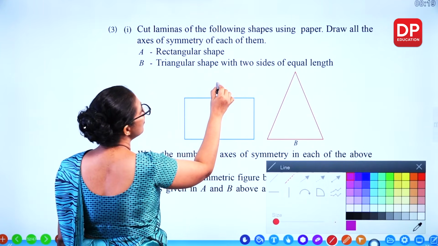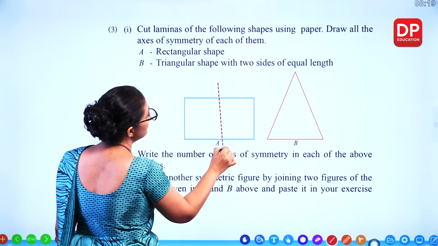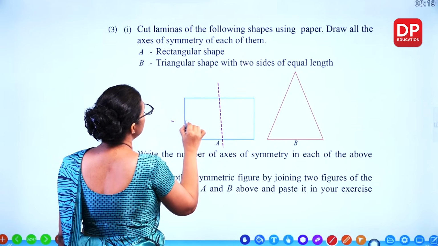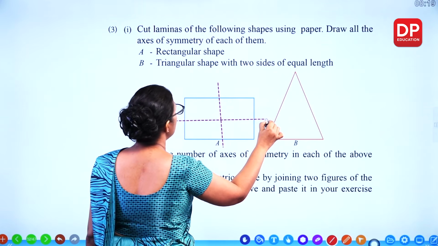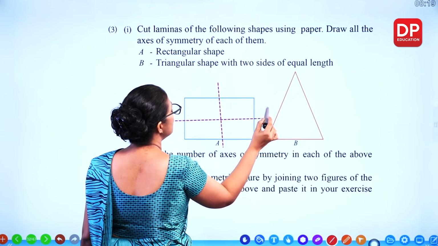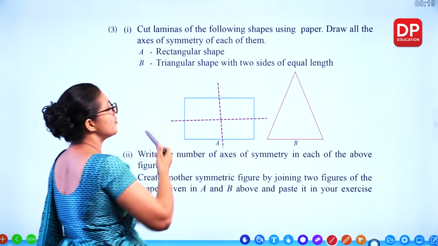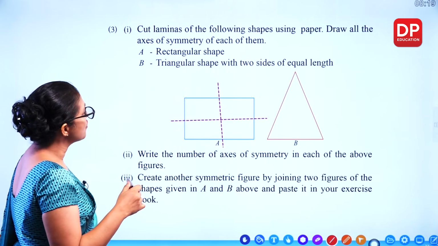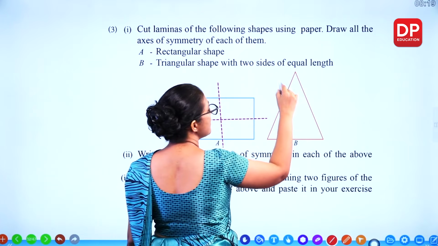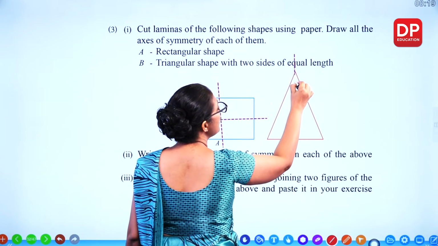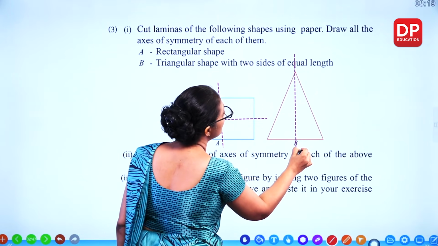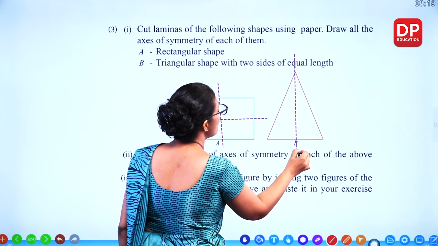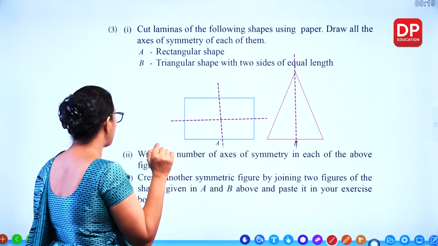I can draw a line here and here. You can cut it and fold this one. You get two axes of symmetry. This one, this is an isosceles triangle, two equal sides. So you can fold it like this. So one axis of symmetry.